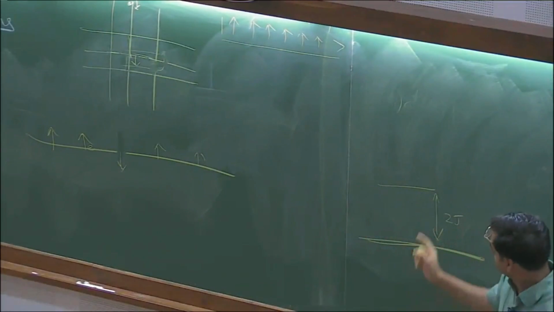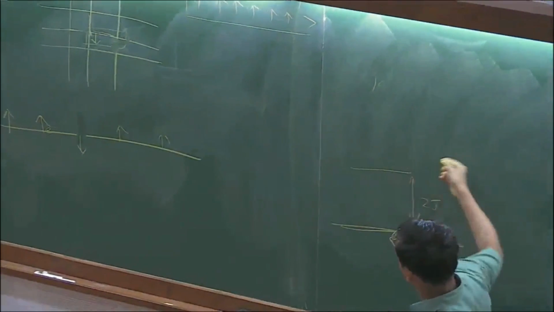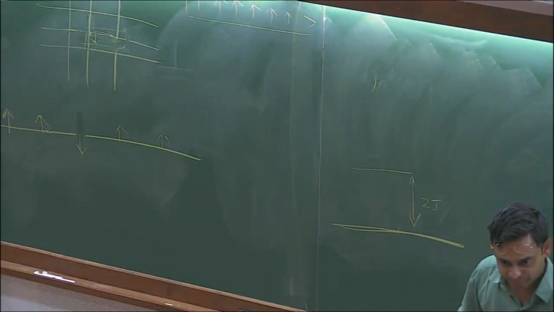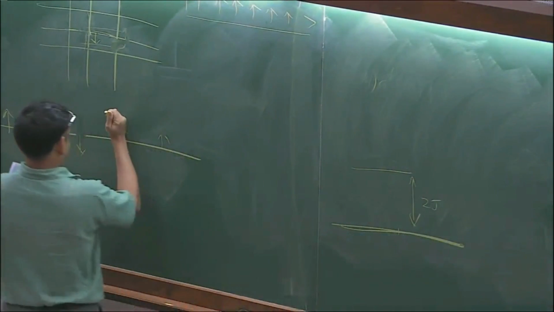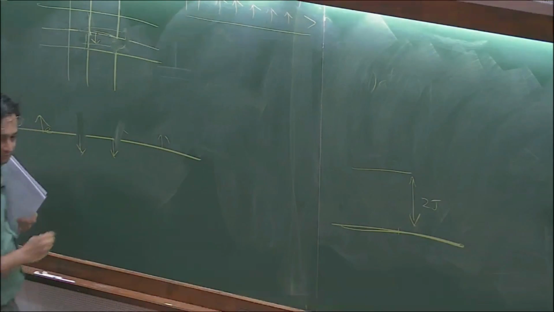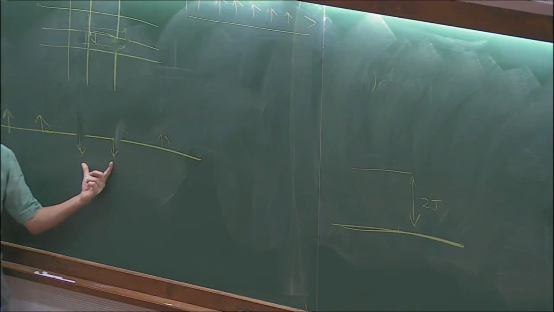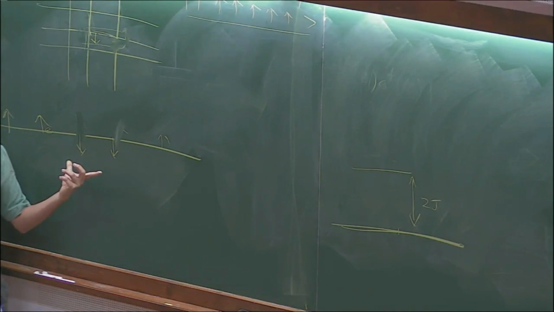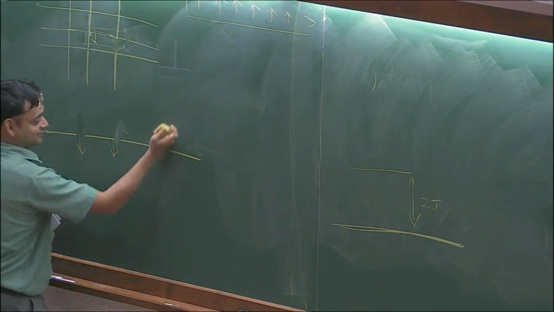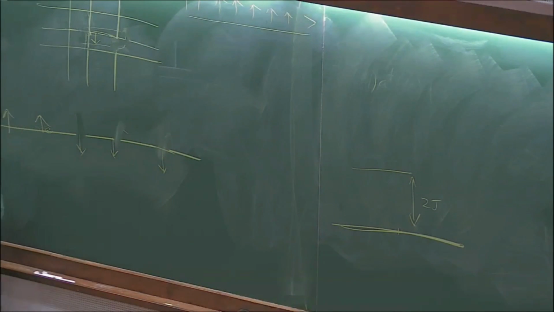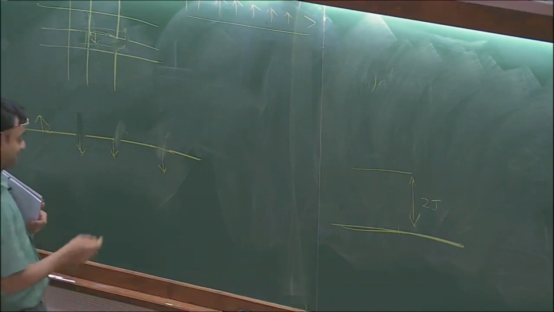And you would say, okay, this is a particle, it acquires kinetic energy. Now think of two particles. If I put them next to each other, this also costs energy 2J. Think of three particles. This also costs energy 2J. So there's something very weird going on.